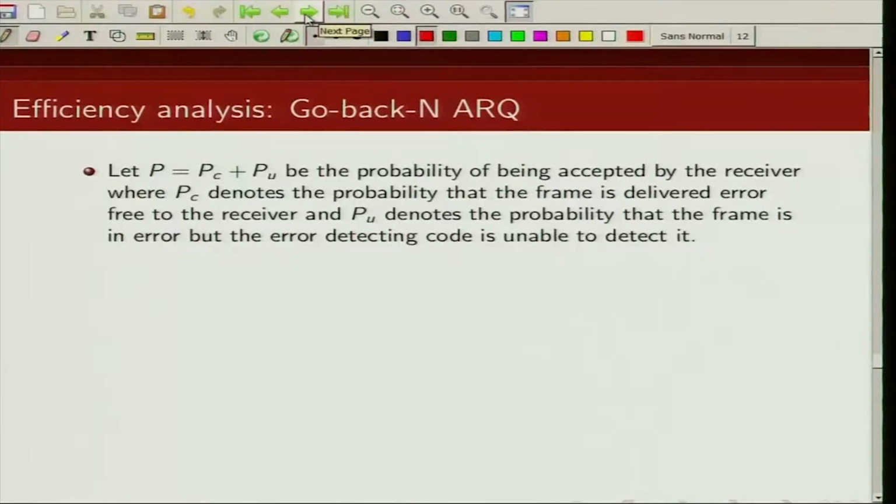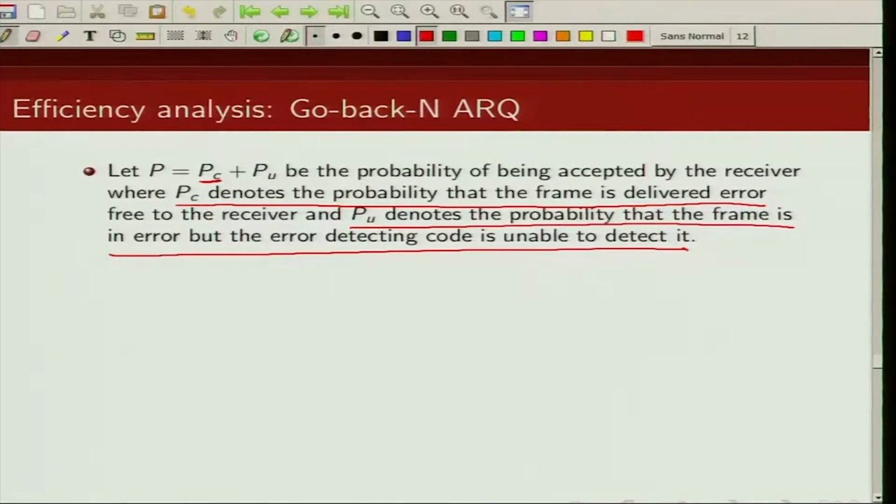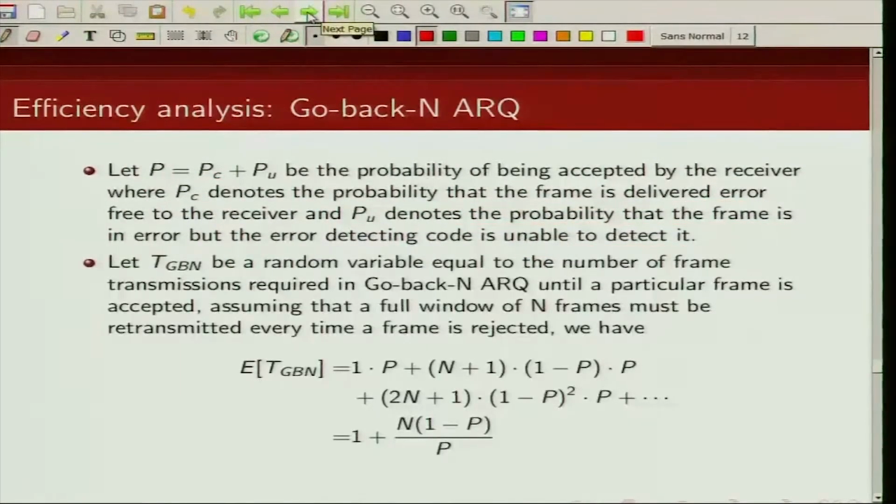Now let us compute the throughput for Go-Back-N. Again here P sub C denotes the probability that the frame is received error free at the receiver, and P sub U denotes the probability that the frame is in error but the receiver is unable to detect it. So a packet will be accepted with probability P. Now for the analysis we are considering the worst case scenario.